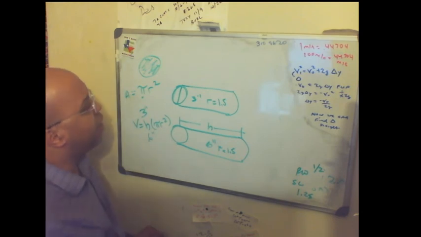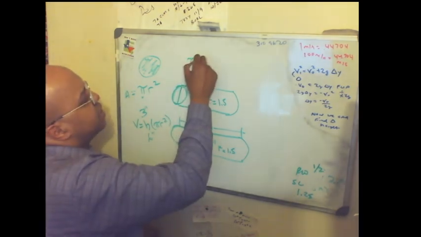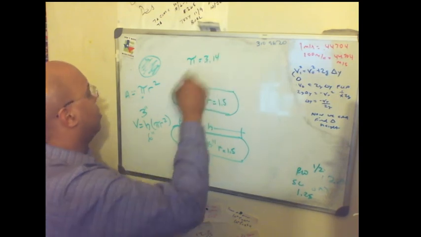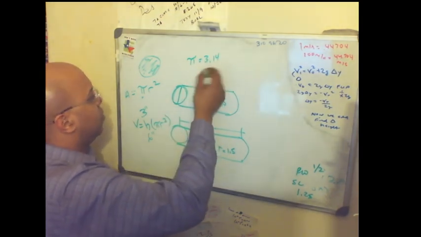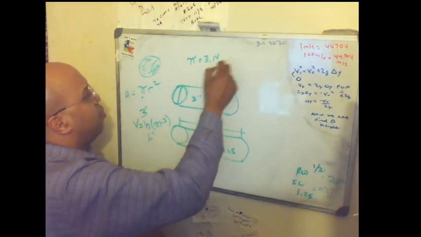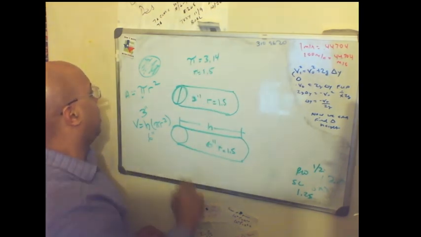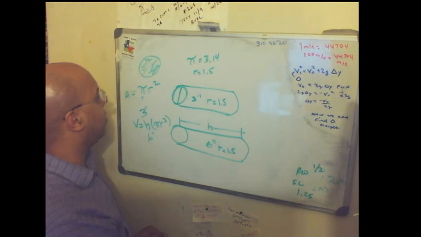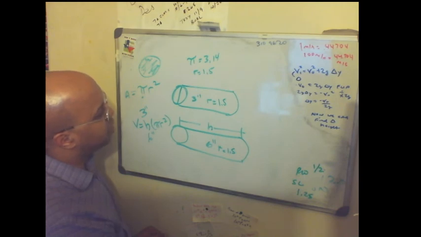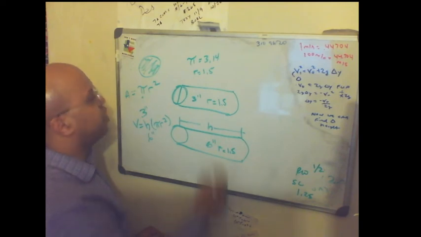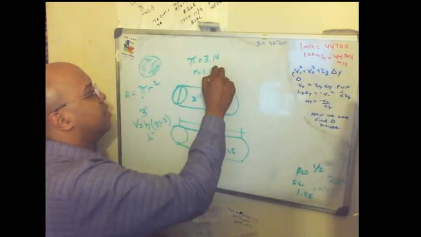All right, so pi r squared. Pi is equal to 3.14. Radius is 1.5, and we would square that. 1.5 times 1.5. That's 15 squared, 225. 2.25 if we square that.